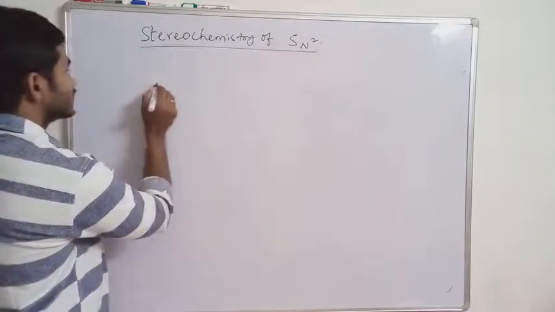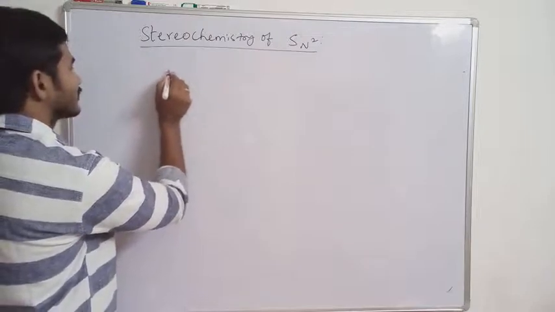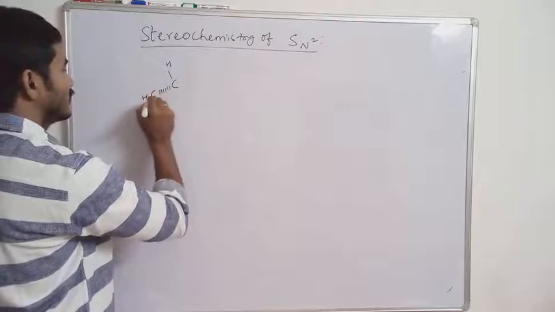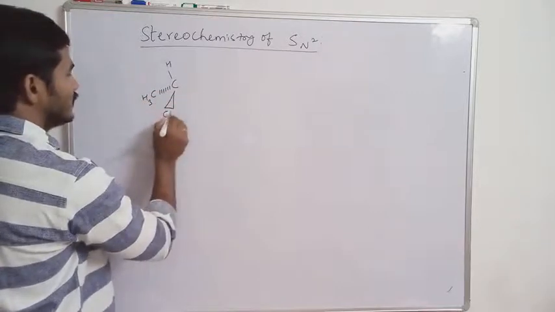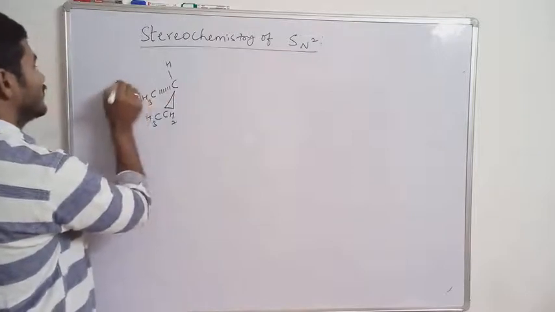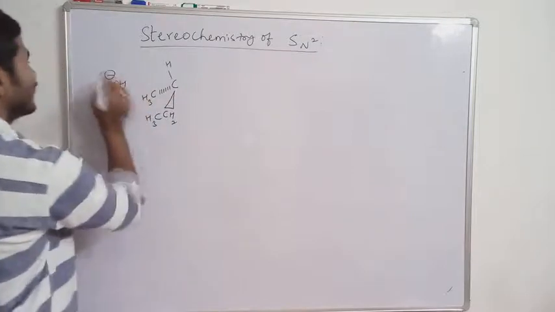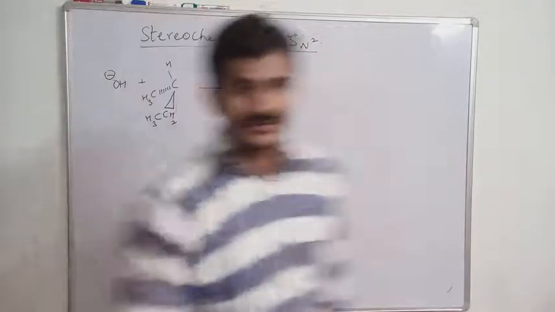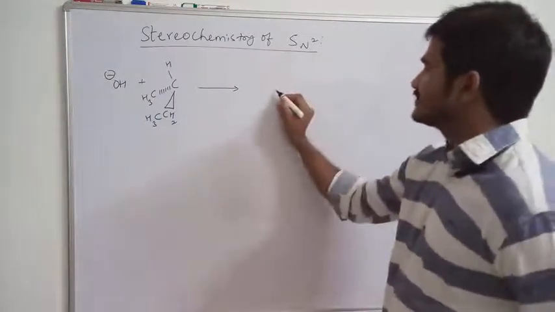The example is carbon with H, CH3, CH2, CH3, and iodine, and here I am taking one nucleophile, OH minus. Combined together, it can form one transition state. What is the transition state here?